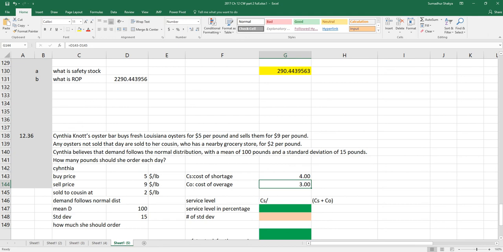Yeah, simple. No complicated calculations. And then the cost of overage would be, if she purchased too much, the buy price minus the salvage value. This is what she can retrieve. This would be the same as if you were to purchase a whole lot of magazines and then you have to sell them by the pound for recycling the paper. So it will be 5 minus 2, that's 3.